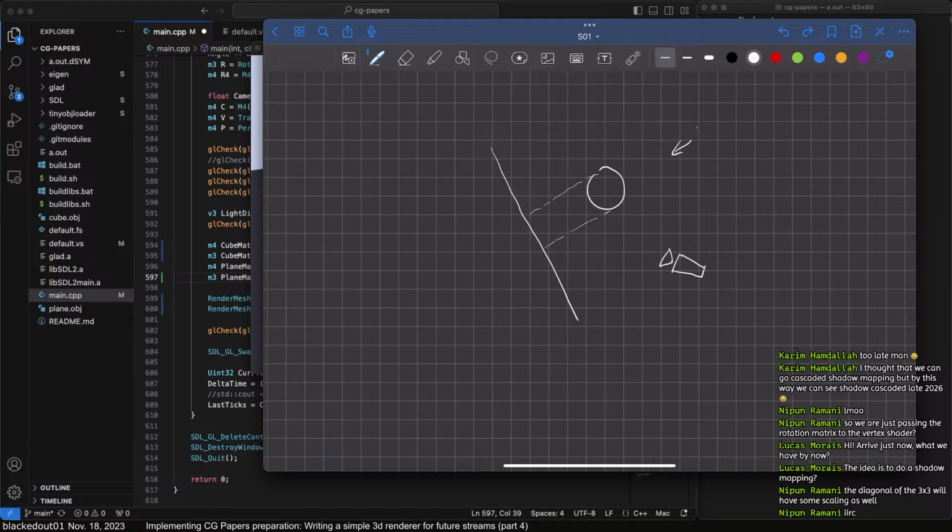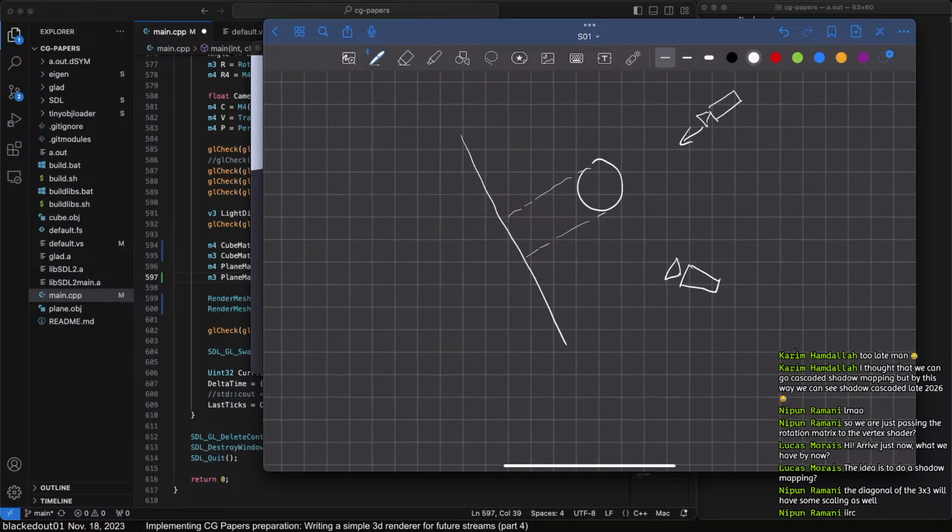And for that, we render the scene from the perspective of the light, which is here. Because then we have an image of just the lit stuff. So we would see this here, and everything we can't see is basically in shadow. So we can't see this part from this perspective, which is why it's dark.